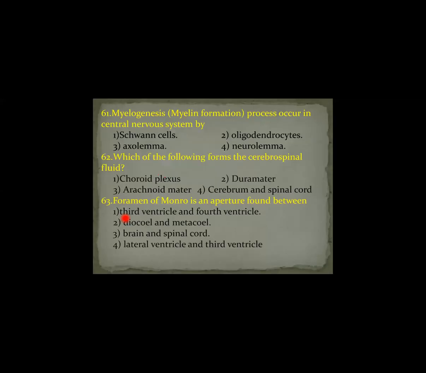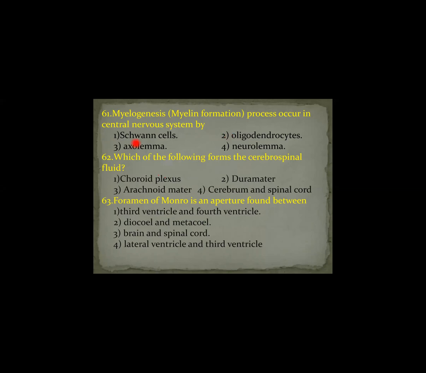Next question. Myelogenesis, that is myelin formation: the secretion of myelin sheath occurs in the central nervous system by oligodendrocytes. While in the peripheral nervous system, the myelin sheath is secreted by the Schwann cells.